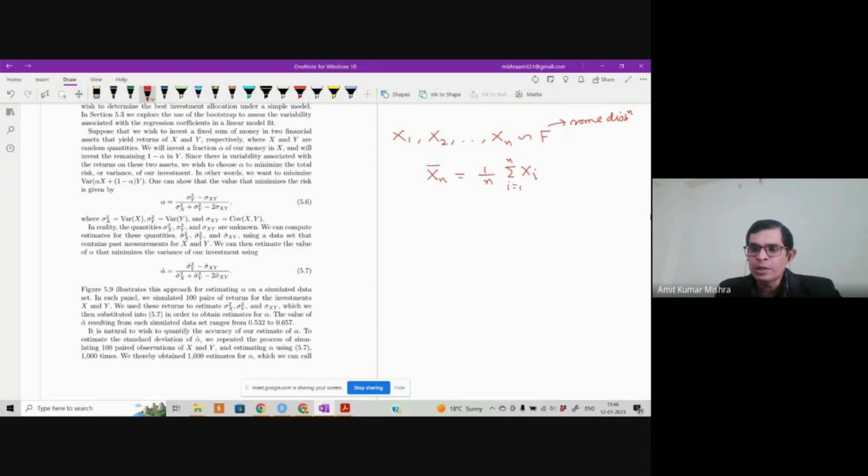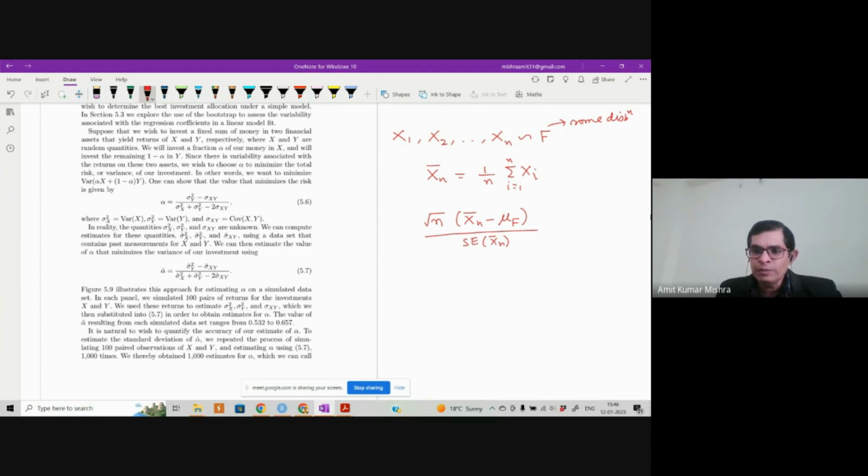Now you find the sampling distribution, and all of you know that root n times (X̄n minus mean) under the distribution F, divided by the standard error of X̄n, will have some distribution.